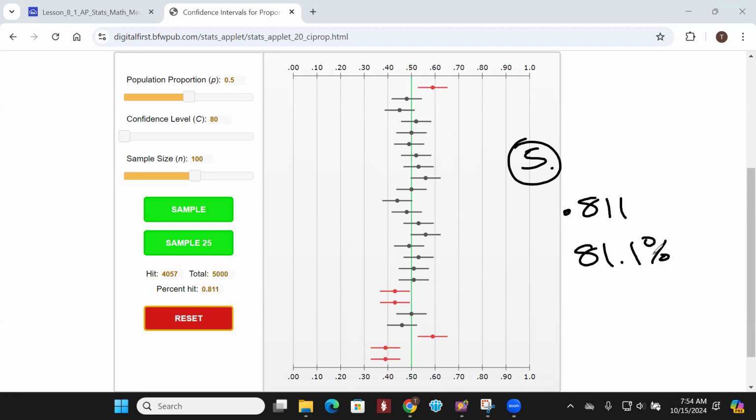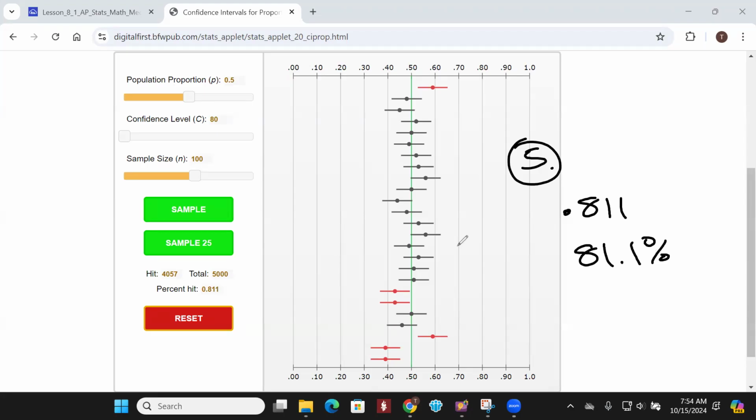So David, we were talking about on the last one, when we said 90%, that's if we ran it 5,000 times, 90% of them would fall in between there. Yeah. Okay. All right.